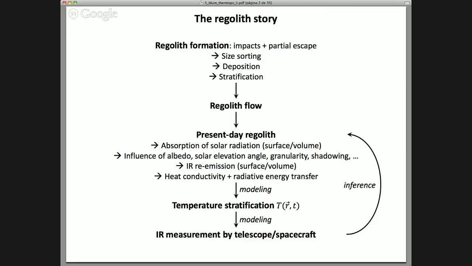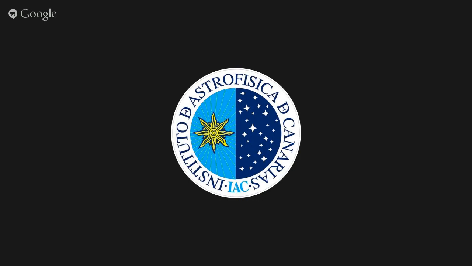So that's the story, I think, and I want to pick up some points here to hopefully add some information for you. This is a study we're working on, how regolith forms. So we start with a 100-kilometer radius object with an initial volume filling factor of 60%. That's the red color here, so 40% porosity.